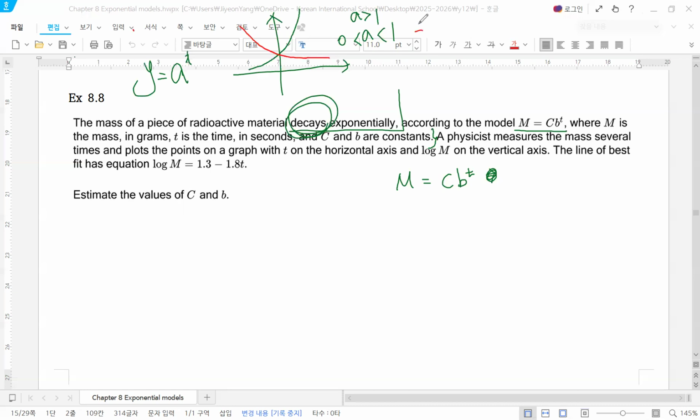And then you should ask me, Miss Yang, the previous model was written as N0 times e to the power of kt. You told me when k is negative, it's exponential decay. Why? Because you told me just now that if a is less than 1 but bigger than 0, then it's decay. What's the difference?